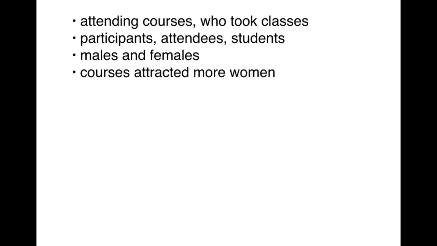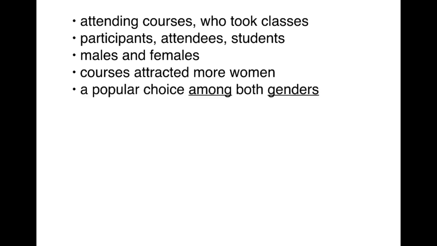Courses attracted more women. Instead of saying women attended courses, the courses attracted women. I've changed the order around and used the verb attracted. A popular choice among both genders. Instead of men and women or males and females, both genders is a good phrase. And a popular choice among them.